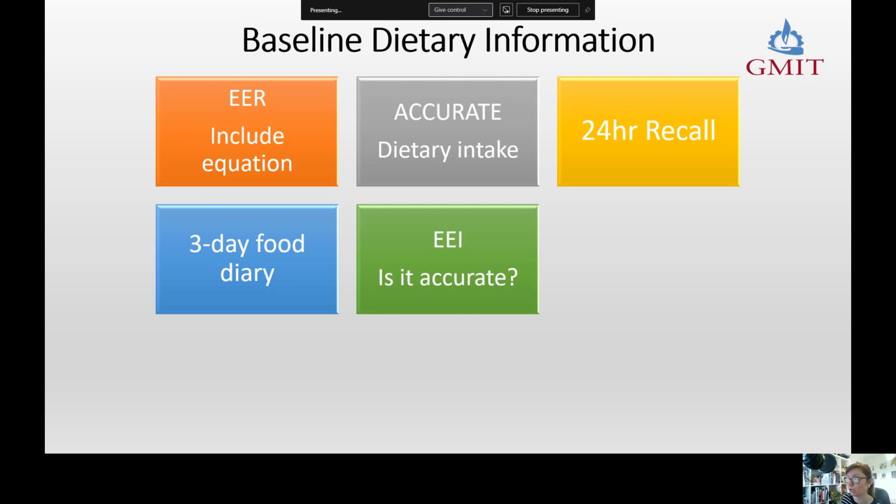So what you might find is when you do your analysis, you are estimating the energy intake from your dietary intake tool, whether that's your food diary or a recall, and there's a big gap between the estimated energy requirements and what you've calculated they're taking in. So is that accurate? Sometimes it is.